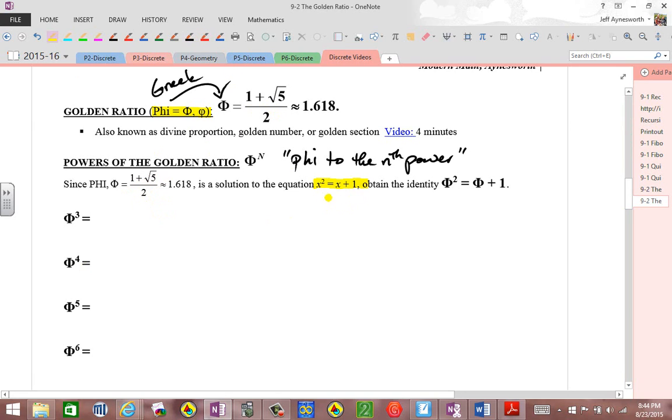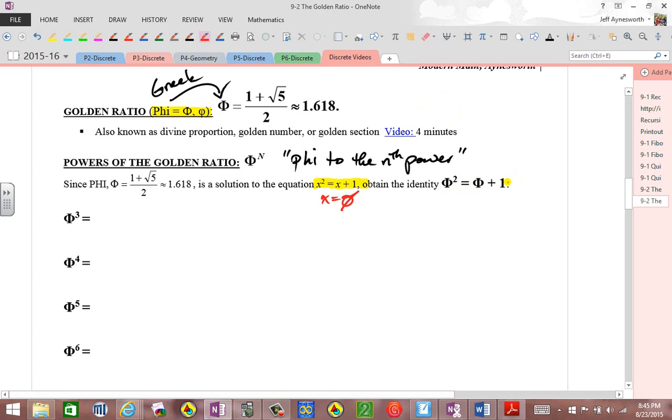Because x is the solution of that, x is the same thing as phi. If you replace x with phi, you get phi squared equals phi plus 1.